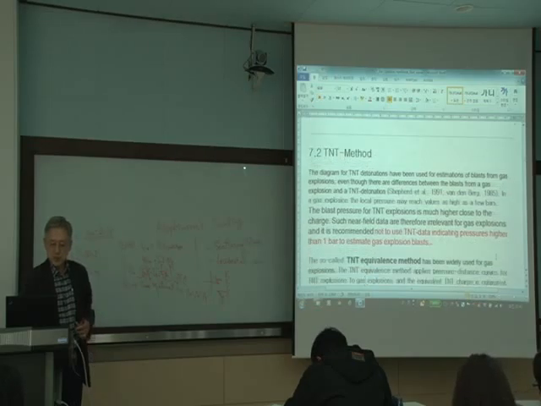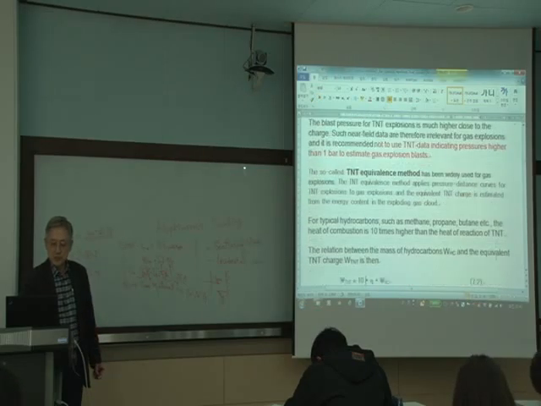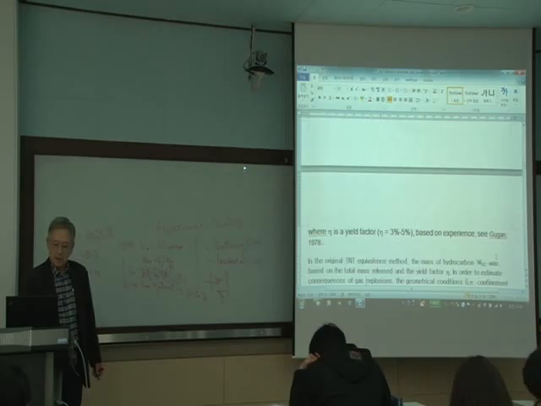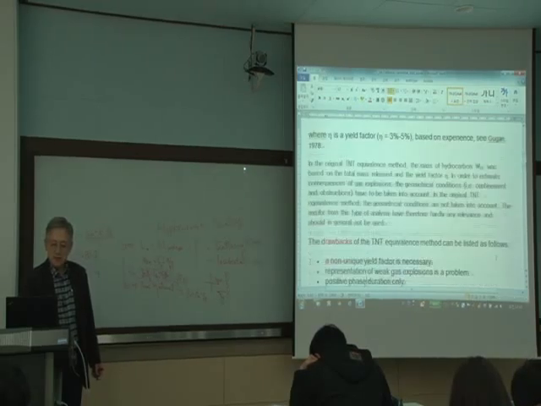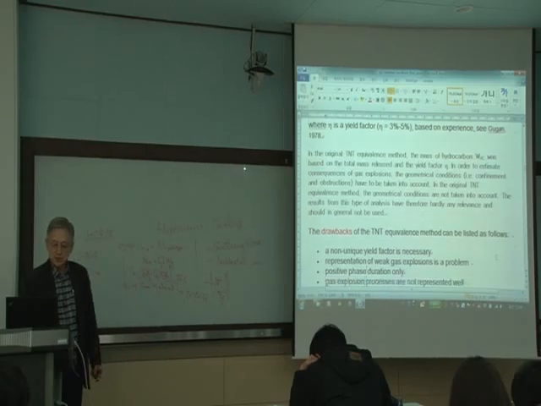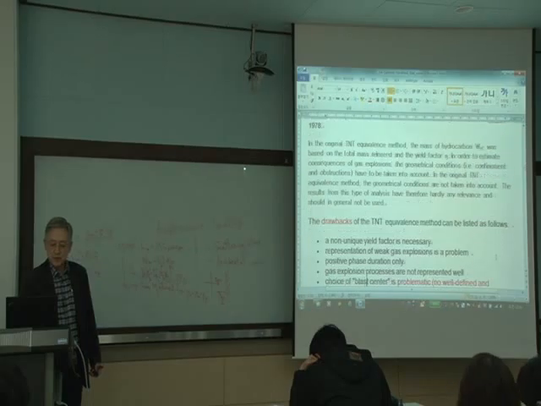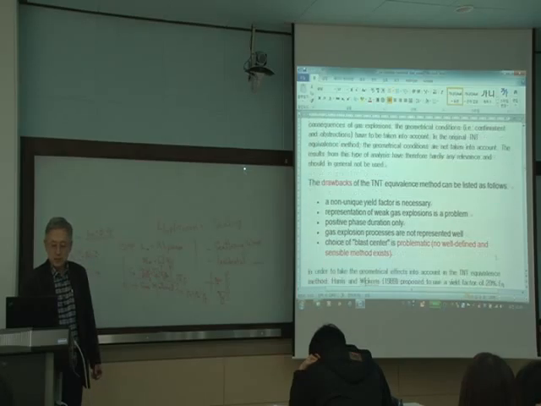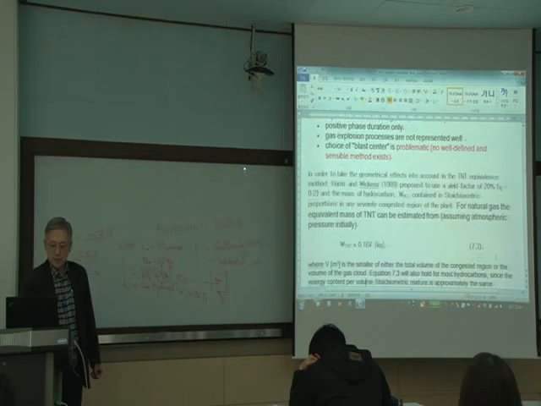That's what it mentioned. Then they use a yield factor. It's all modifiers, so I don't want to bother you much on that. And talking about the drawbacks of the TNT method, they use the term TNT equivalence method. You don't have to pay much attention to it.